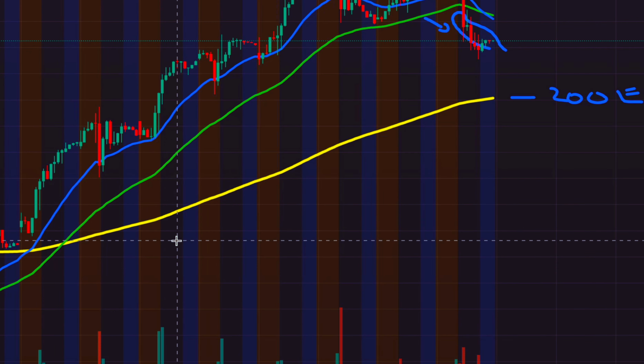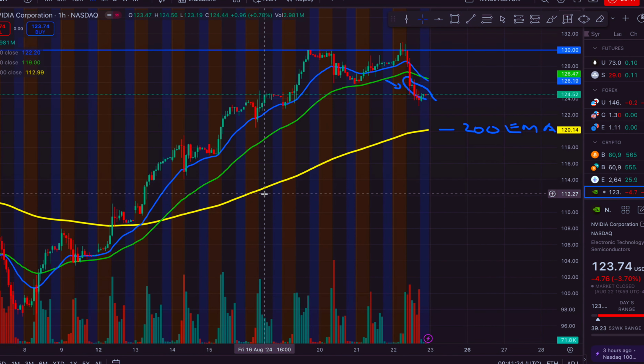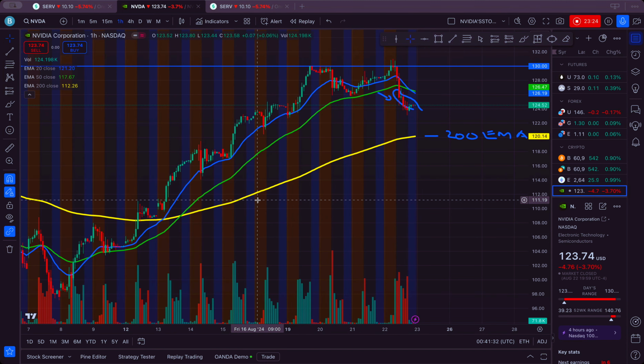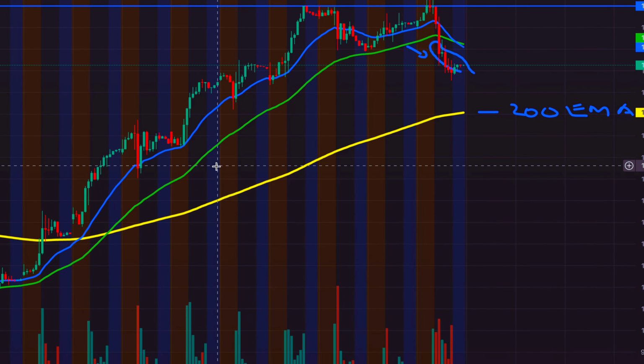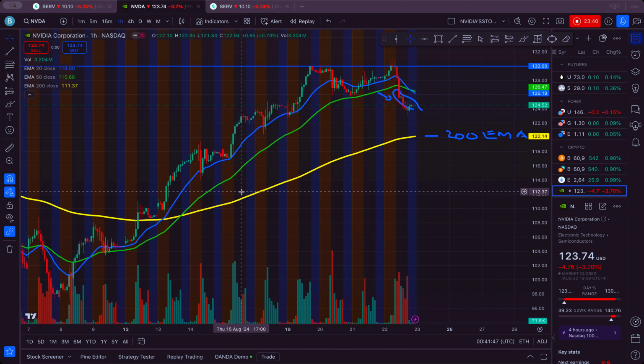The space between the 20, 50, and the 200 EMA can give you insights into the strength of a trend. When these exponential moving averages are widely spaced and moving in the same direction, as we can observe here, this indicates a strong trend. Conversely, when the EMAs are close together, it may signal consolidation.